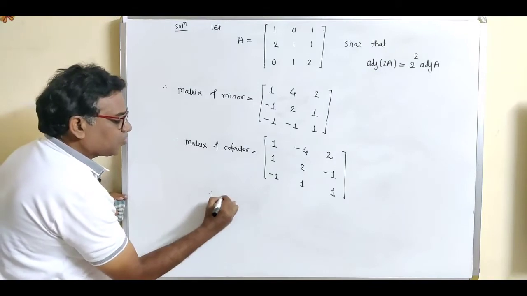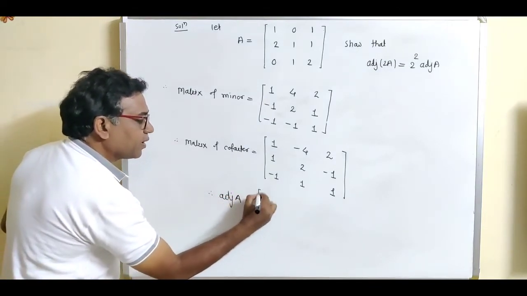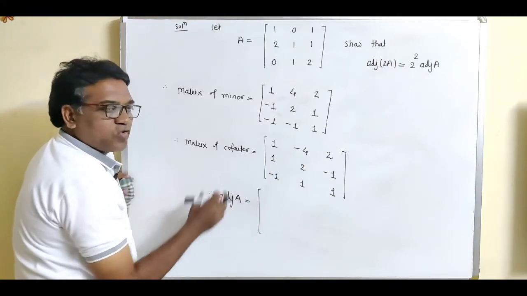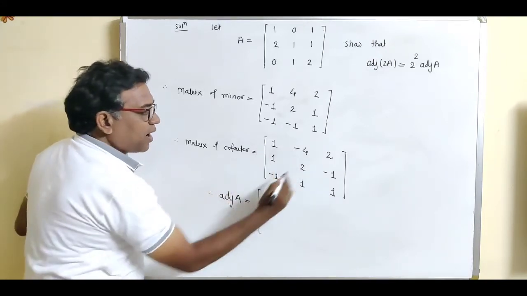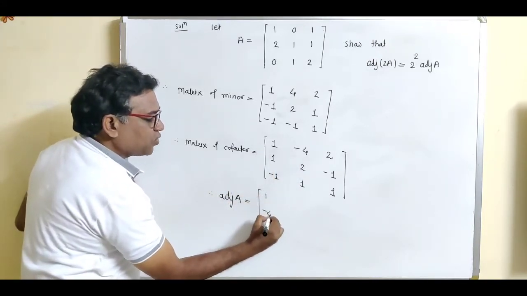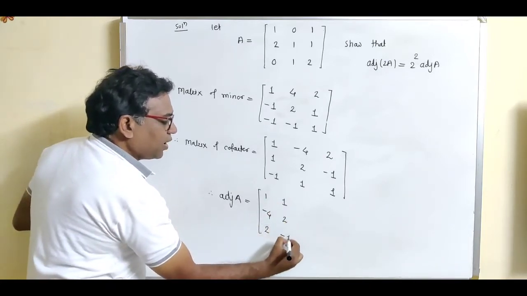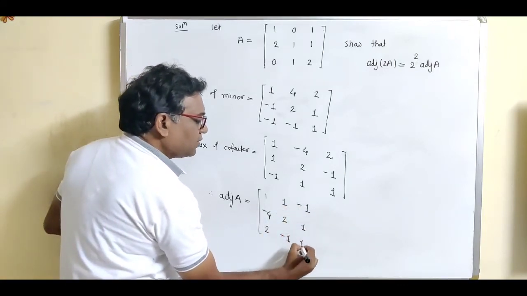Now from the matrix of cofactor, we have to write the adjoint of A. So what is adjoint of A? The transpose of the matrix of cofactor is called the adjoint. How to write the transpose? Transpose means write the first row as the first column, the second row as the second column, the third row as the third column.